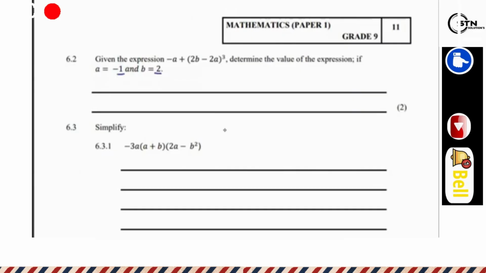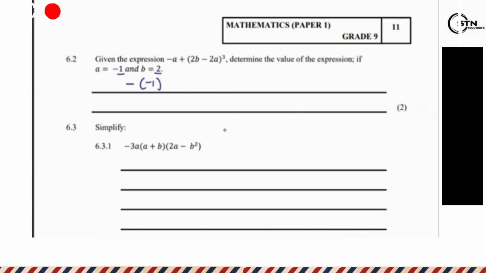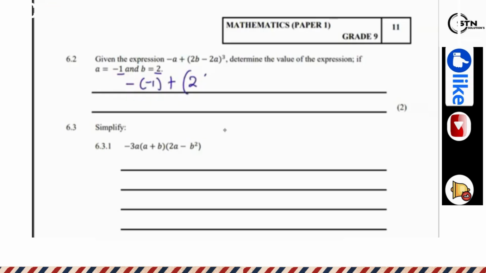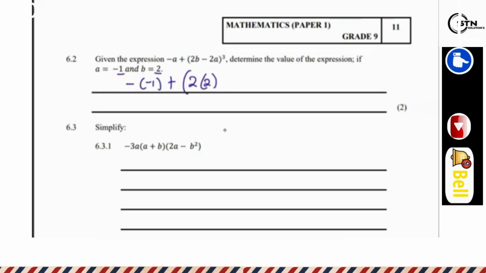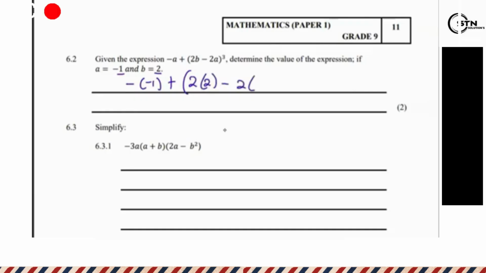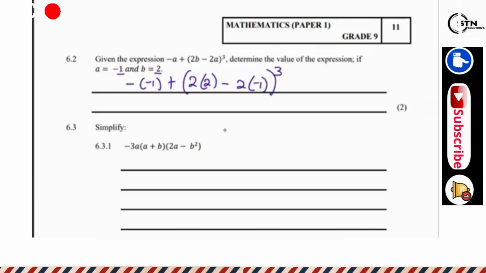Okay, then 6.2. Given the expression, can we determine the value of the expression if a is -1 and b is 2? Here they want you to just substitute, replace the letters with these numbers. So it's going to be negative, and a -1, plus 2 times 2, minus 2 multiplied by negative 1, everything is cubed.